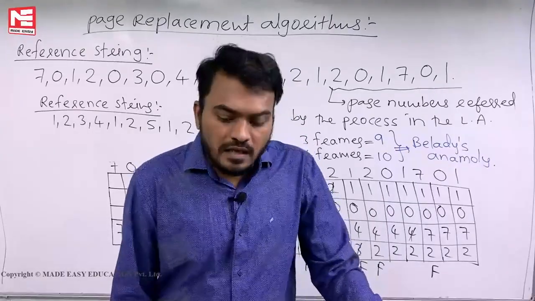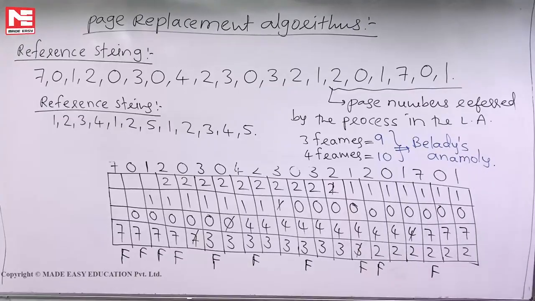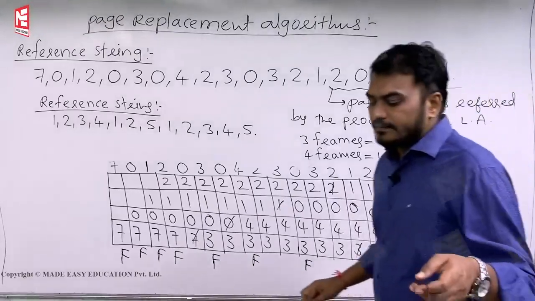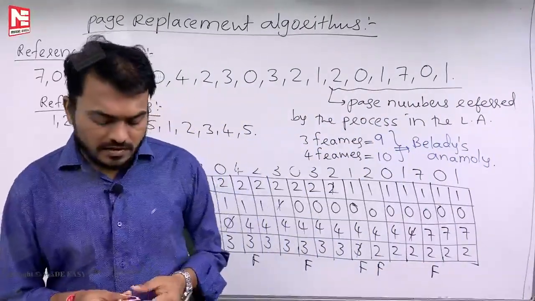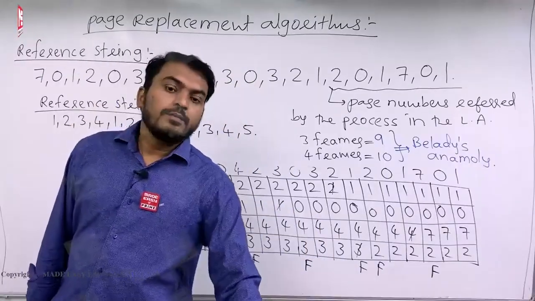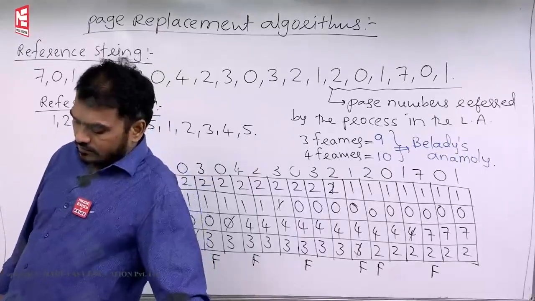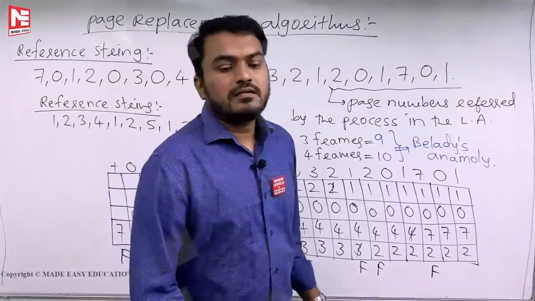By increasing the number of frames to the process, the number of page faults should decrease, but instead they are increasing.